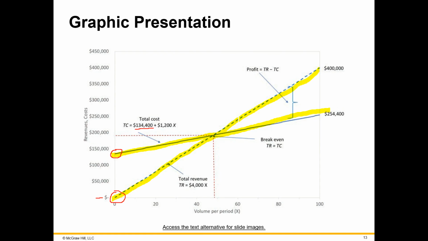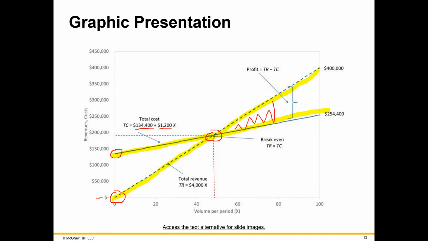And then for each additional trip that you sell, you incur an additional $1,200 in variable cost. So if you graph those two lines and if you draw your graph accurately, you see that you hit your break-even point here. And this area in between these two lines, above and beyond the break-even point, represents your profit.